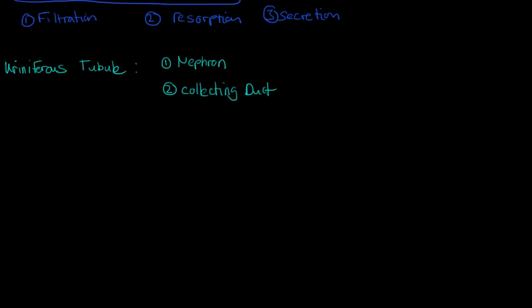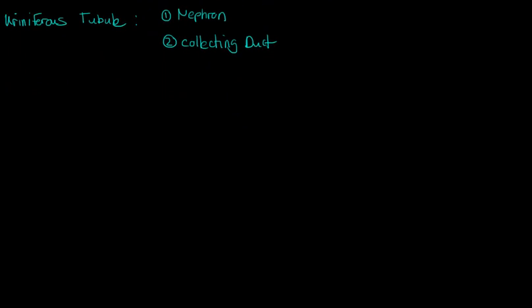The structure that we're going to focus on here today is called the uriniferous tubule. And that's going to be composed of the nephron and the collecting duct. There's going to be a couple different portions of this nephron here, and we'll go over that. I'm going to just hop right into this drawing.